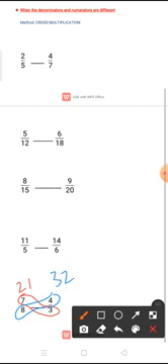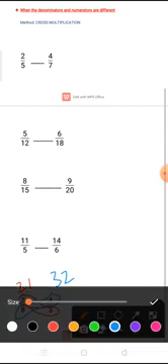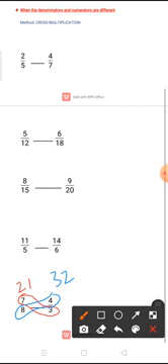Between 21 and 32, which one is greater? 32. As 32 is on top of 4/3, 4/3 will be greater. So in this way, if the denominators and numerators are totally different, the fractions are unlike fractions, in that case we will use the cross multiplication process to find out which fraction is greater.